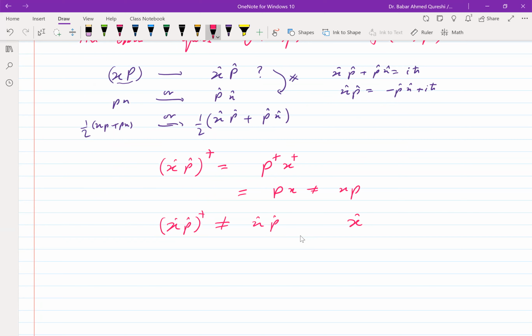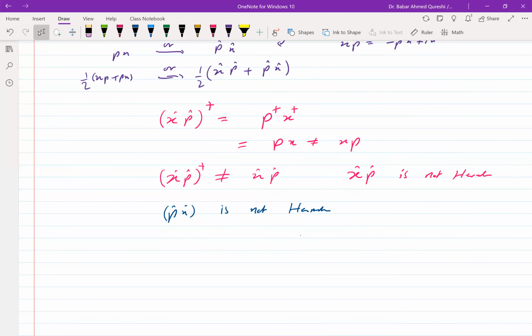So x hat p hat is not Hermitian. Similarly, p hat x hat is not Hermitian. Out of all possible choices, only this one is Hermitian.